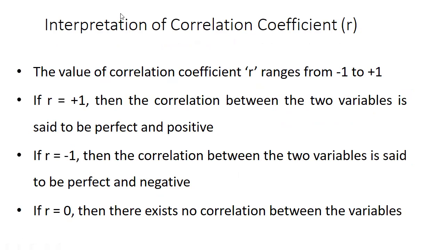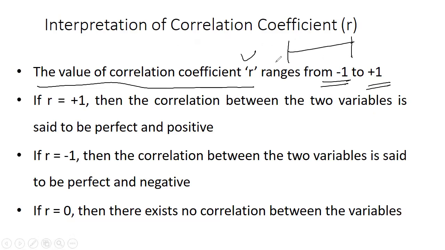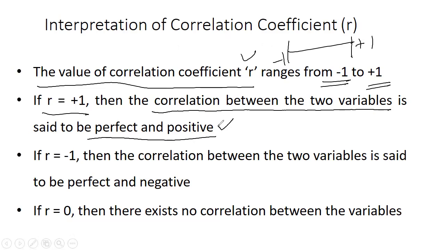Now the interpretation: how to interpret the results. The value of the correlation coefficient r ranges from -1 to +1. I already told you many times, r will lie only in the -1 to +1 range. The range is fixed. If r equals +1, the correlation between the two variables is perfect positive correlation.